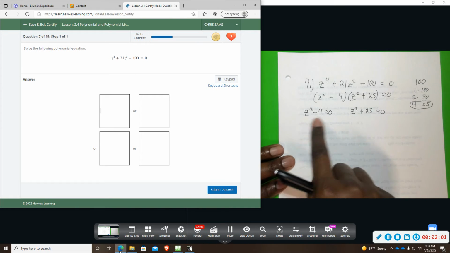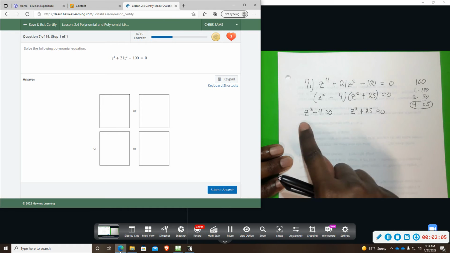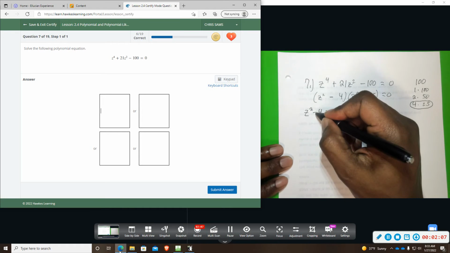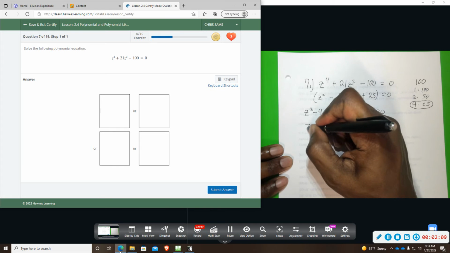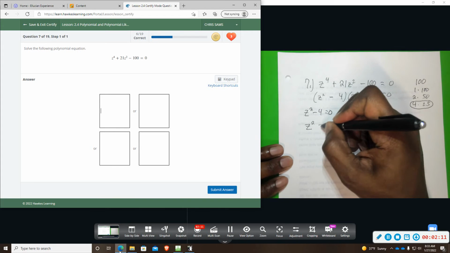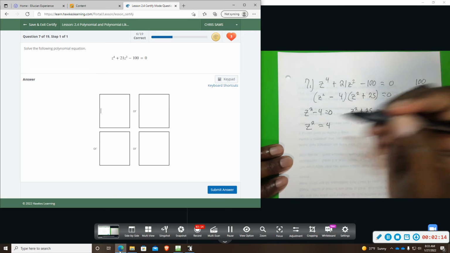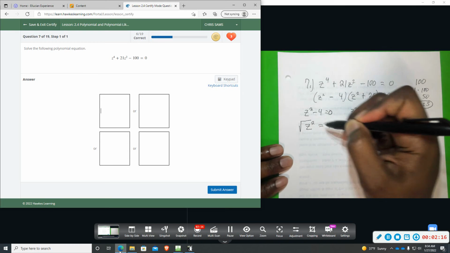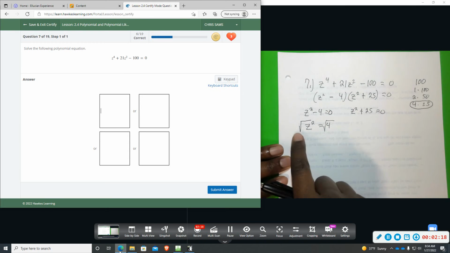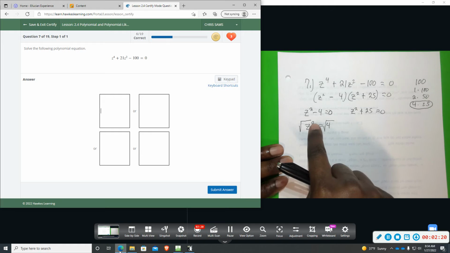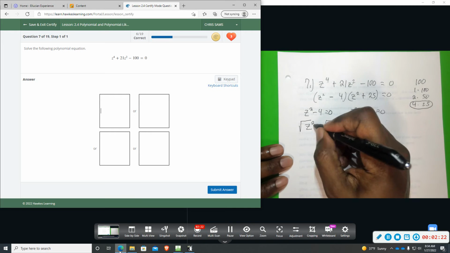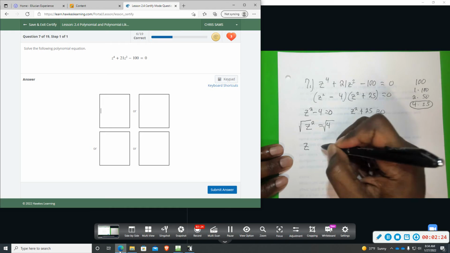Now, with this one, you could apply difference of squares, but you would get the same answer if you didn't, and I think it's a little bit less work. We're just going to add 4 to both sides, so it's going to give us z squared equals 4. And then we're going to take the square root of both sides. Alright, when you take the square root of z squared, it just cancels out the squared, and so we just end up with z.